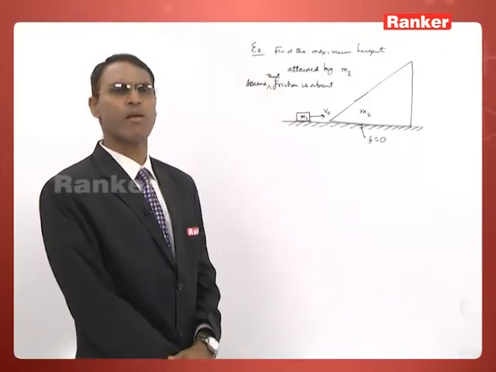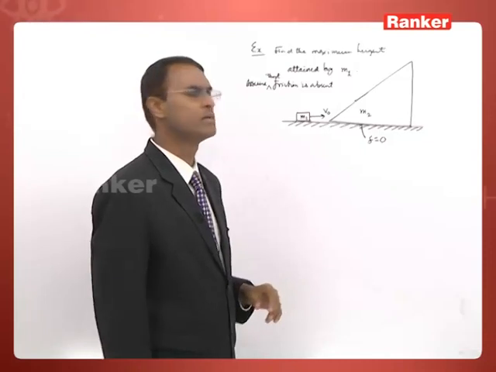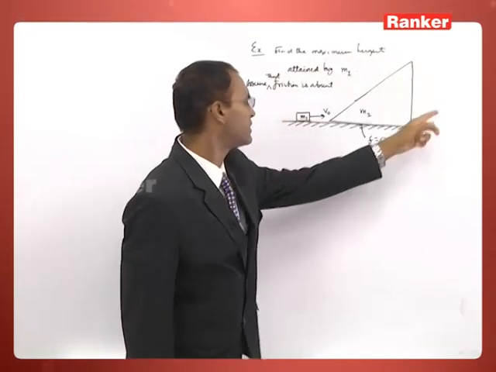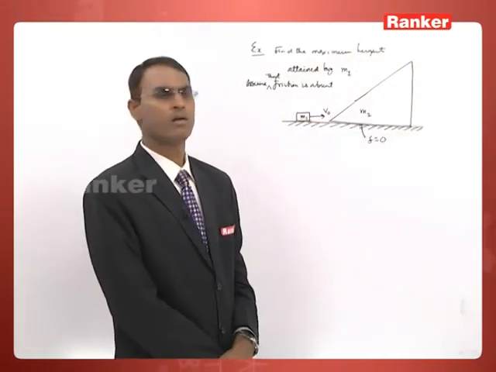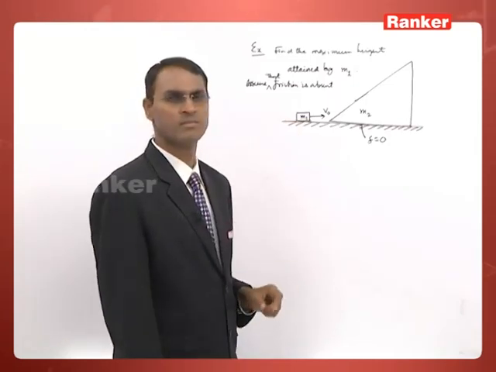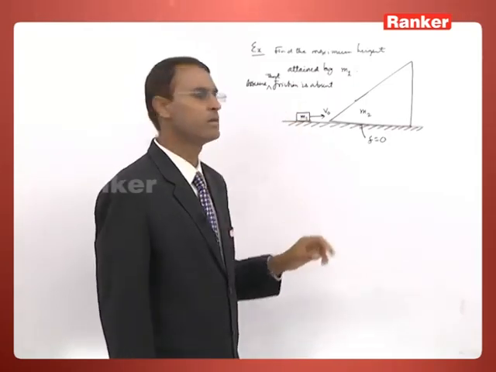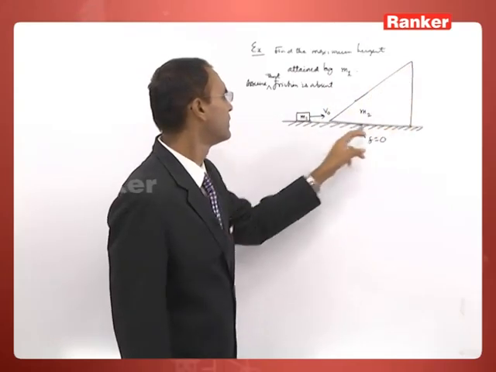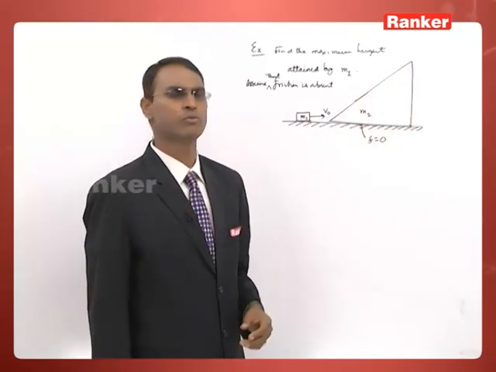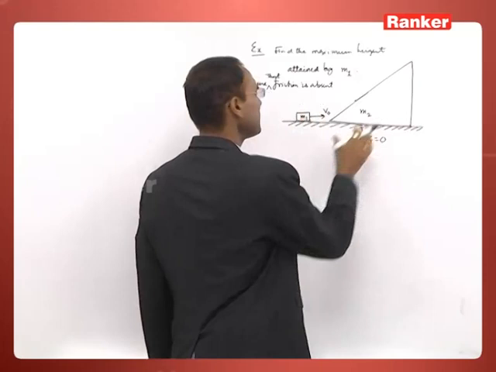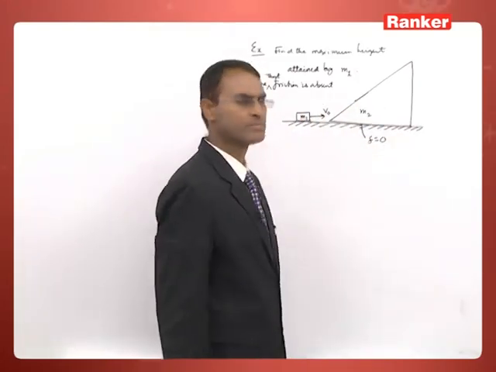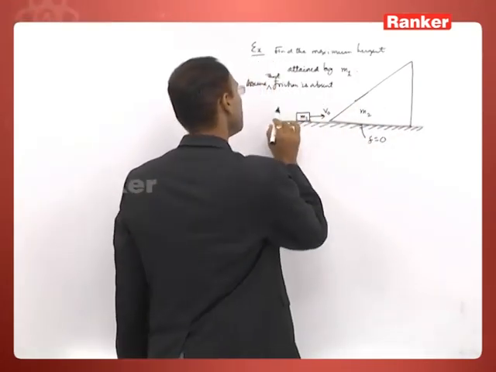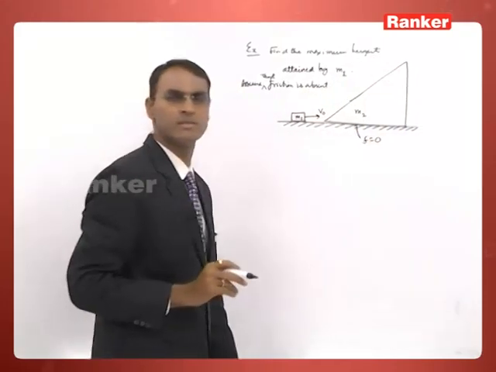Let us discuss this problem, which is a system of a block of mass m1 and this wedge of mass m2. This is a particle, this is also a particle. So this is again a system of two particles.